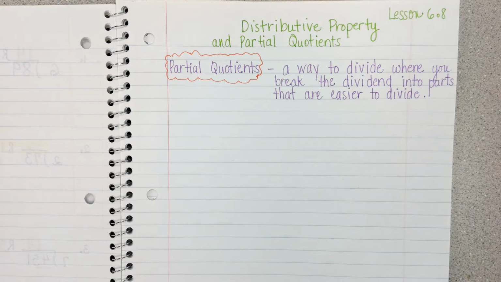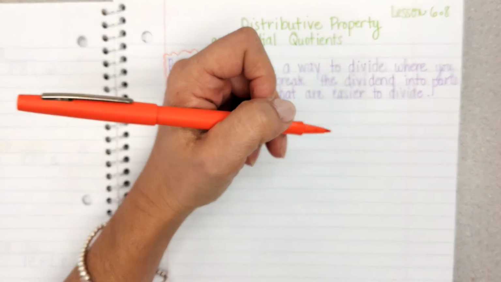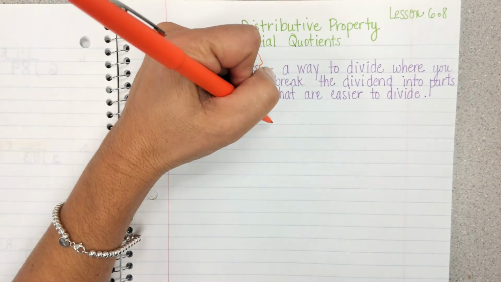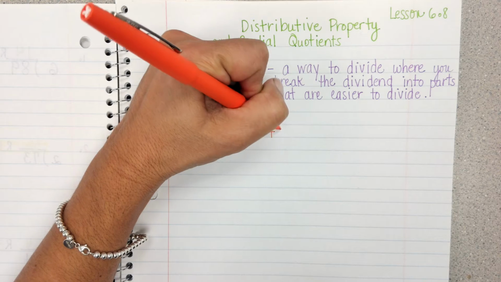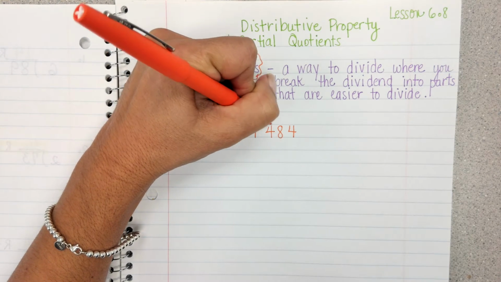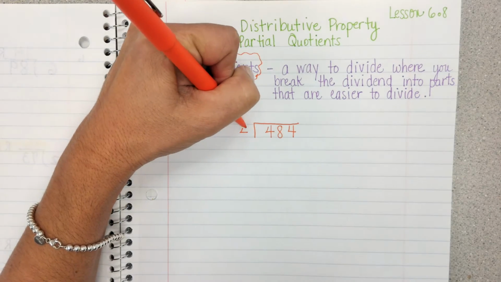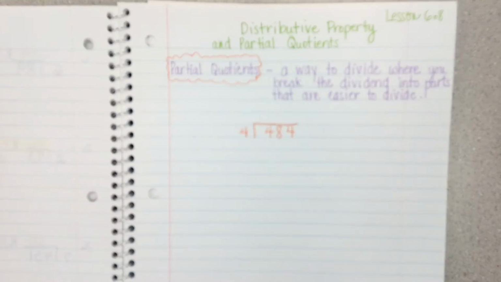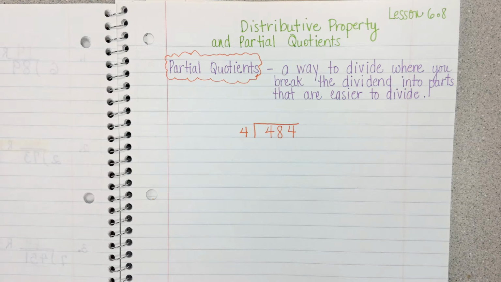Okay, we're going to start with an example. We're going to divide 484 by 4. Your first step is to divide the hundreds place by a number that's compatible to the greatest place value.